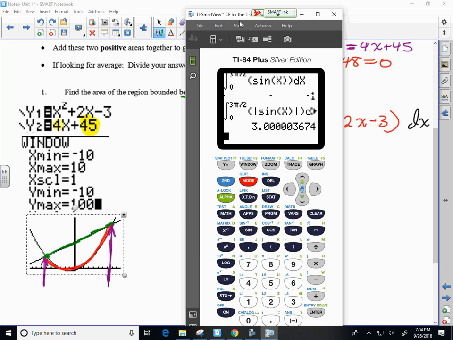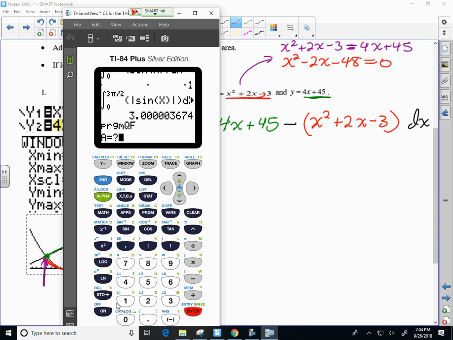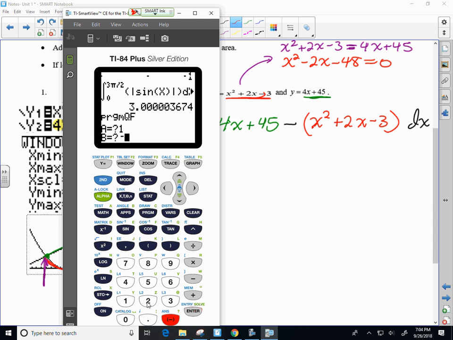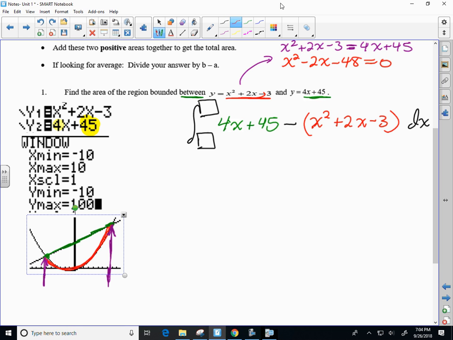Quit out of here. Program quadratic formula. 1, negative 2, negative 48. So negative 6 and 8. Oh, that's nice. I'm doing algebra without doing algebra. Negative 6 and 8.